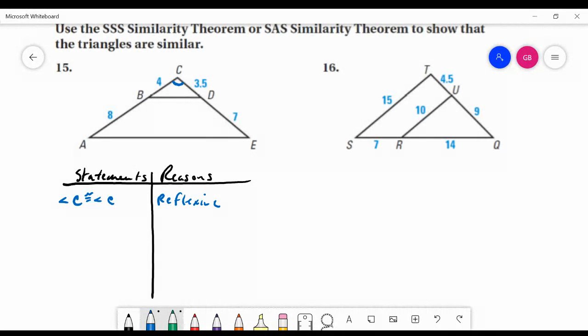Okay. Now we want to see that the sides are proportional. So this side is, let me use a different pen. So this side is for the small triangle, and then this side is for the big triangle. So CB over CA is 4/8, which is 1/2, which is corresponding.